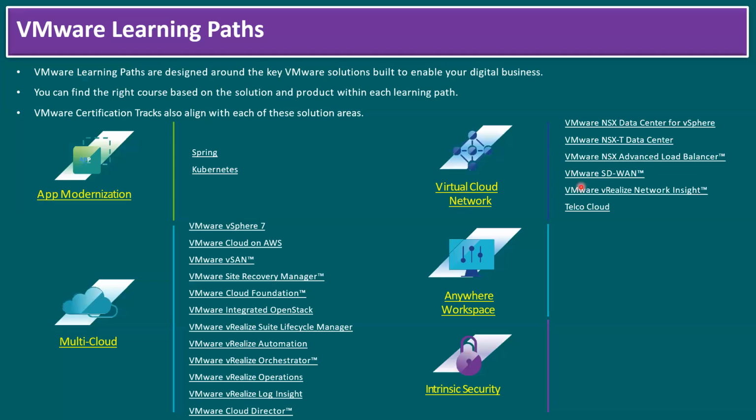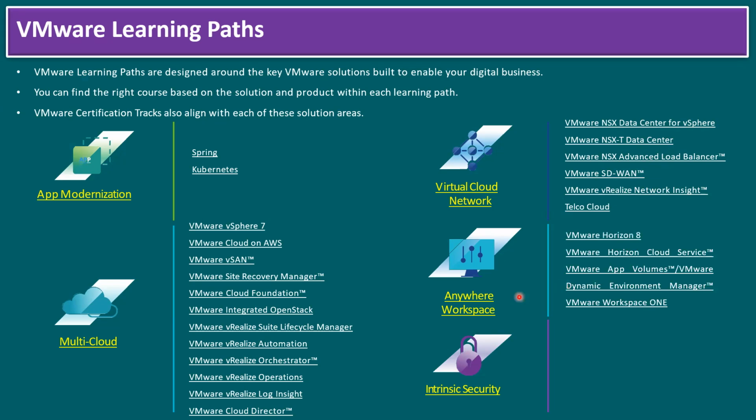When it comes to cloud network, we have NSX Data Center for vSphere, NSX-T Data Center, Advanced Load Balancer, and SD-WAN, and we have Aria Network Insight and Telco Cloud, some specific industry-based solutions. In anywhere workspace, the main product is VMware Horizon 8, and Horizon also has cloud service and App Volumes and VMware Dynamic Environment Manager, so DEM. Another one is Workspace ONE. And when it comes to intrinsic security, the product is VMware Carbon Black.